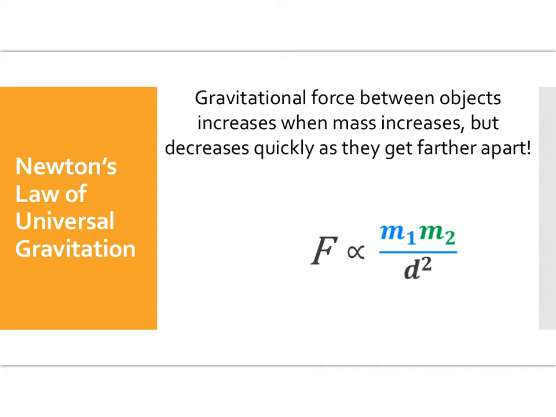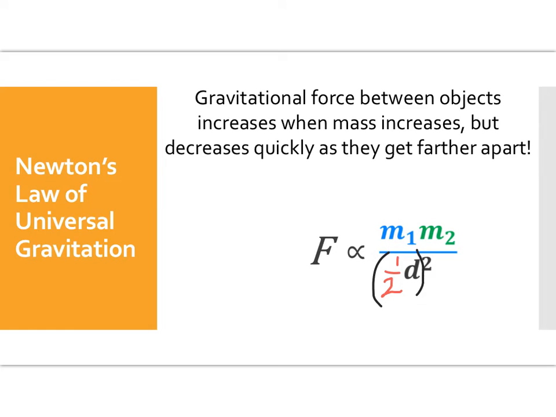We can also go the other way and show how the force would increase. If my objects get closer together, let's say that I cut my distance in half. Now they're closer together than they were before. And again, I'm not just cutting it in half, I'm cutting it in 1/2 squared.